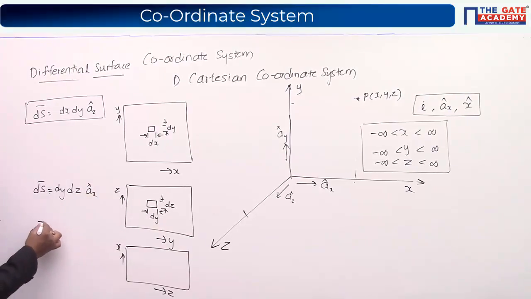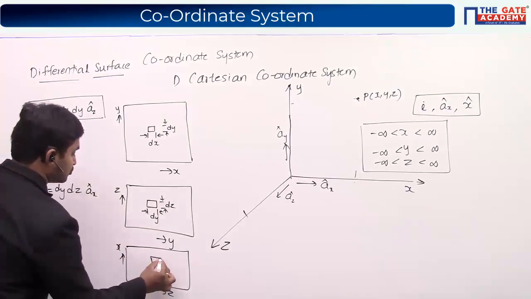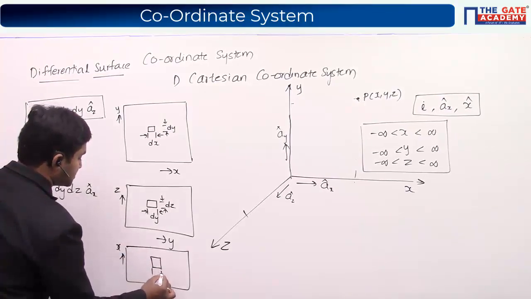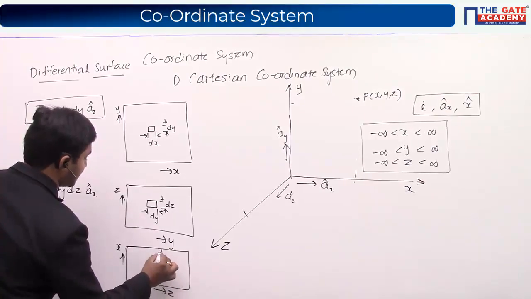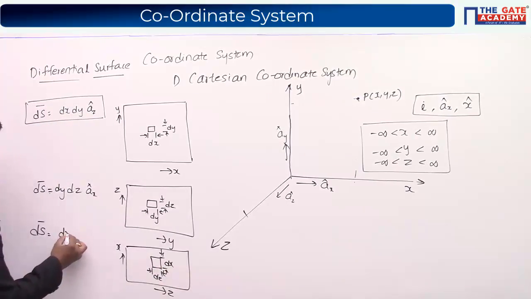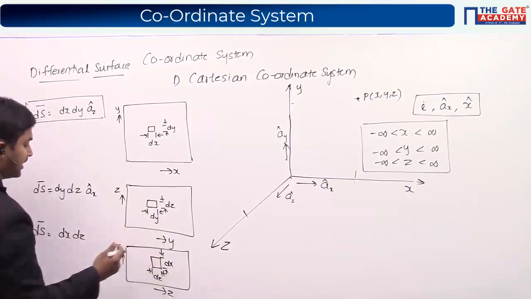Over here I am going to consider two small parts, the change in the z direction and also the change in the x direction. So it is going to become dx dz, and of course it is present in the y direction.